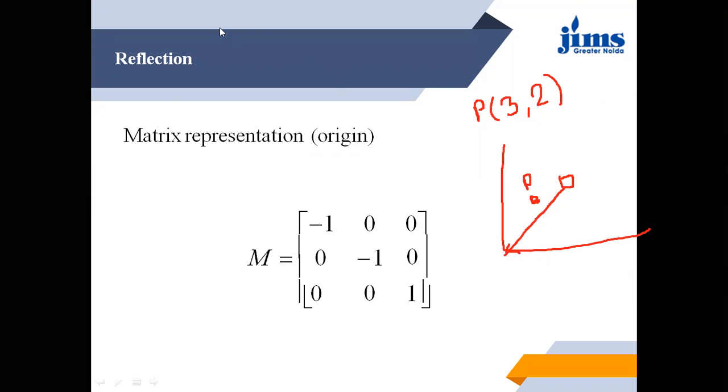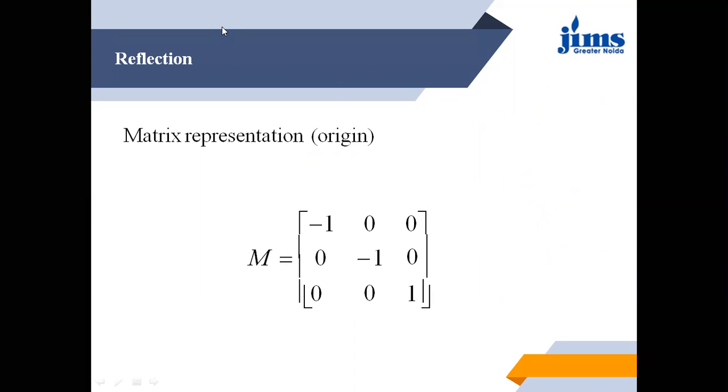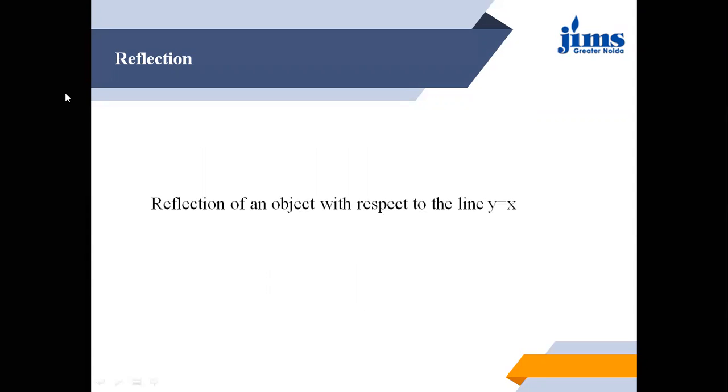So when we have to do the reflection with respect to any point, we translate that point to the origin first. After that we reflect. It means I can write this: first we apply the translation, then we apply the reflection, and then again I have to apply the translation of the same values over here.